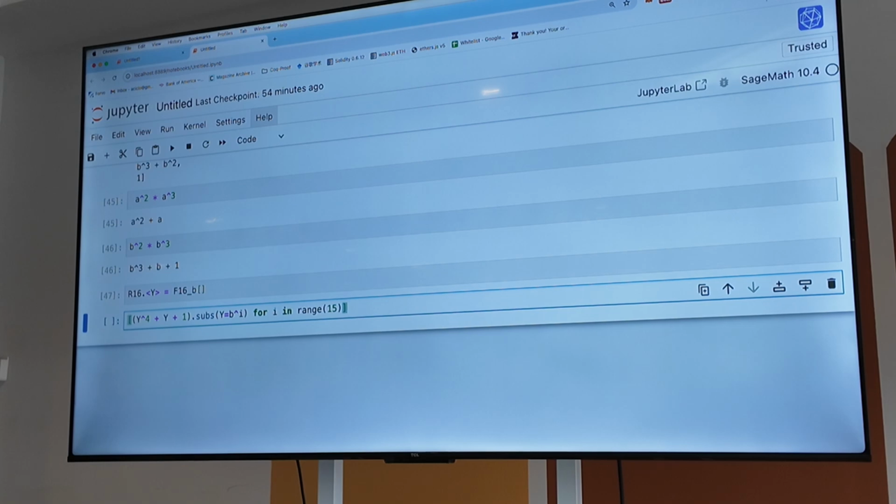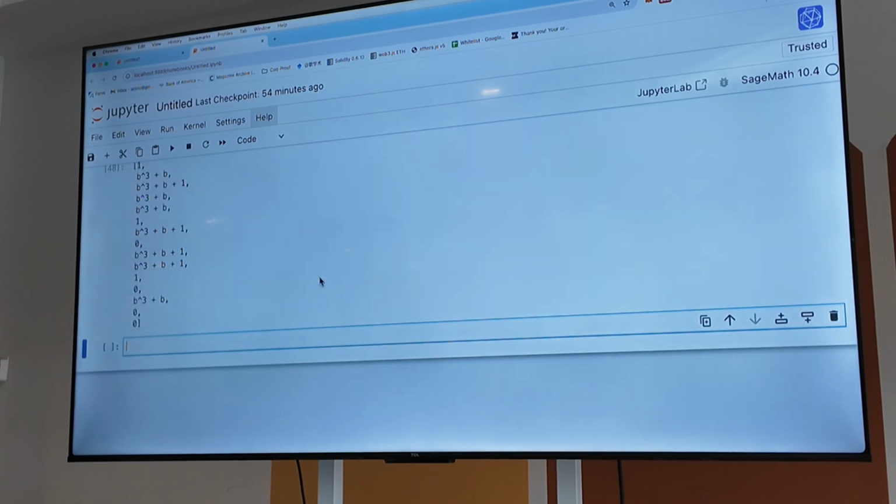Because b is also a primitive element, we can use b to the i to represent all elements except 0 in F16b. Now we just brute force, putting every b to the i into this polynomial, then see which ones evaluate to 0.